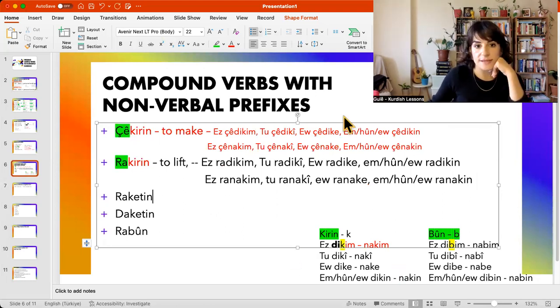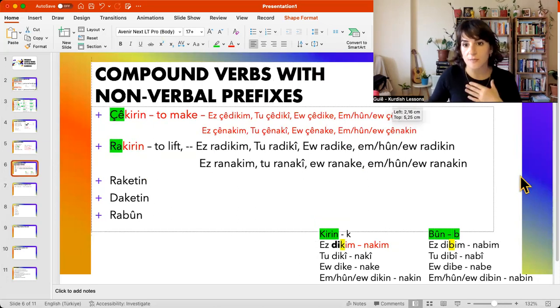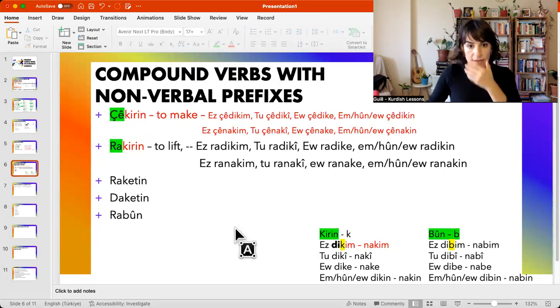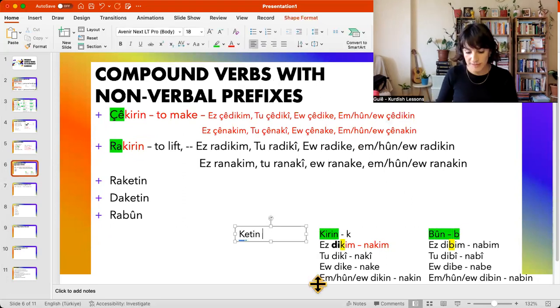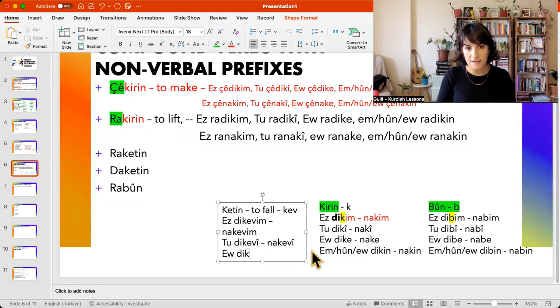And now I have to show you another important verb which will help you while conjugating compounds. So the verb is ketin, which means to fall, and the stem is kev, okay, kev. So you say as dikevim, negative nakevim, tu dikevi, nakevi, ev dikeve, nakeve.